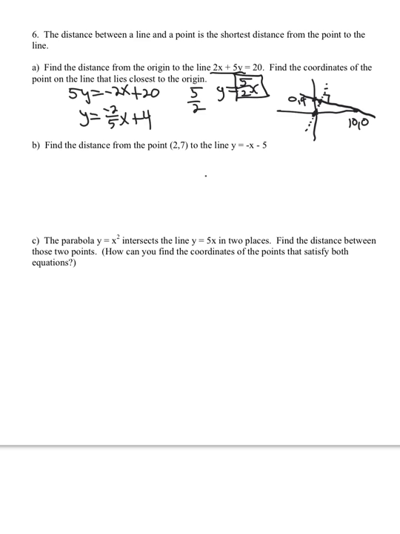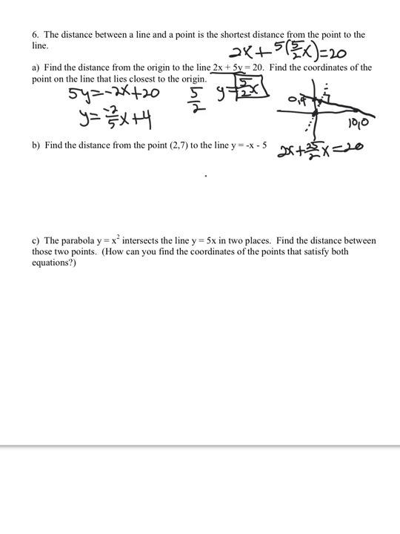So we're going to replace y, and we end up with 2x plus 5 times 5/2 x is equal to 20. Let me do this where there's a little more space. So 2x plus 5 times 5/2, or 25/2 x, is equal to 20.